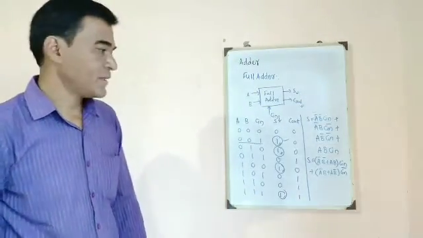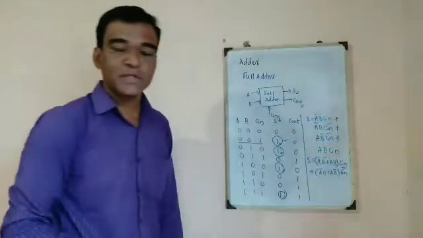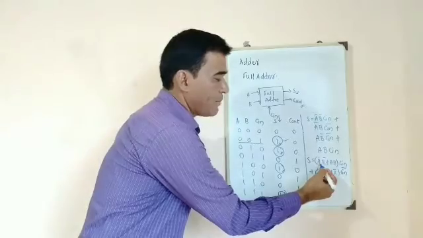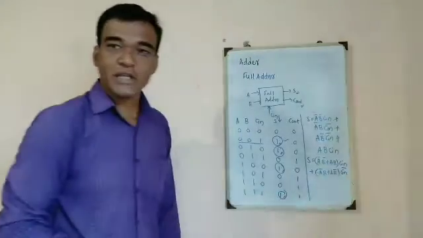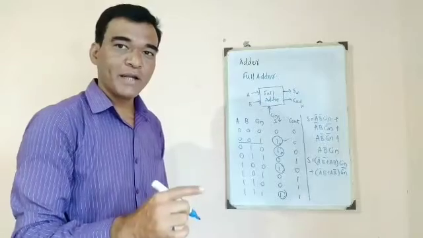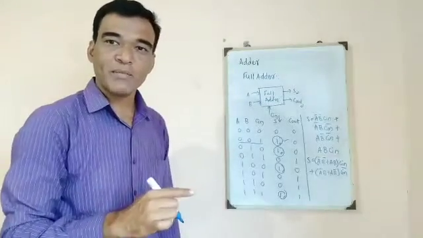Is it right? Now, what is this A bar B plus AB bar? It is nothing but the XOR operation. A bar B bar plus AB is nothing but the XNOR operation. And we know that the output of XOR is the complemented value of XNOR.